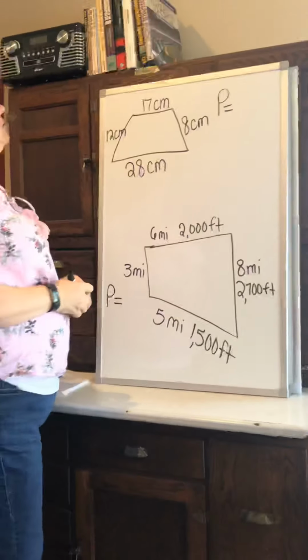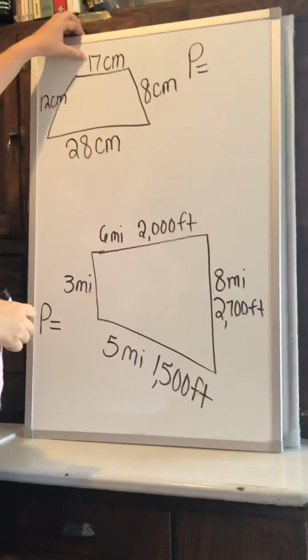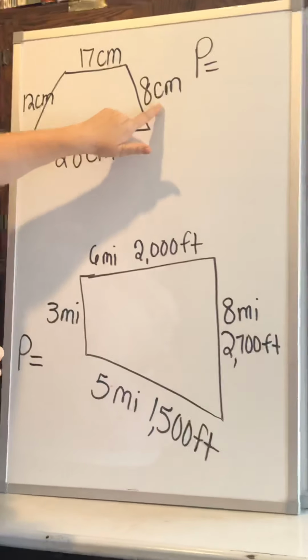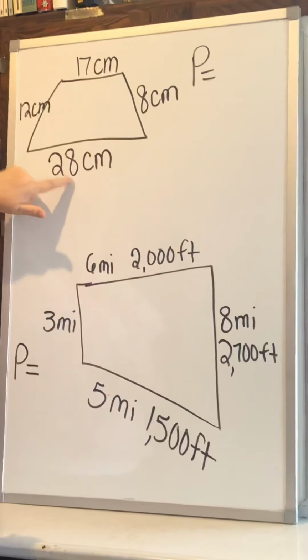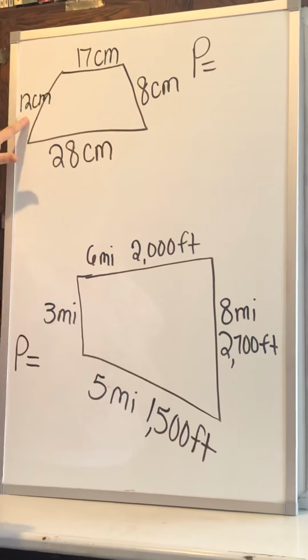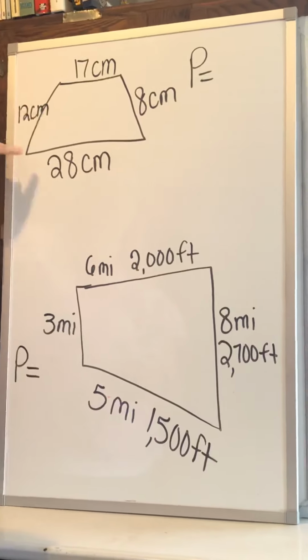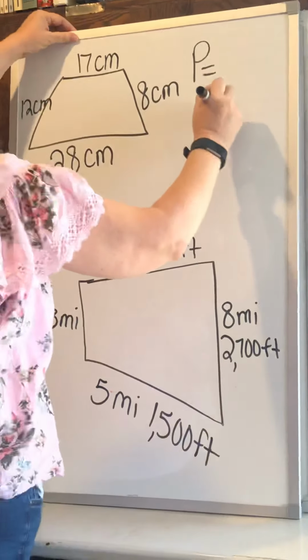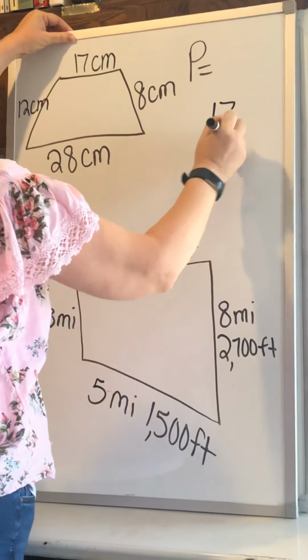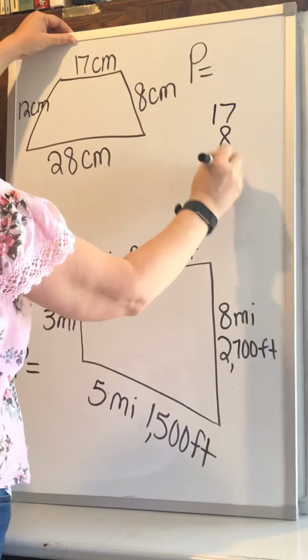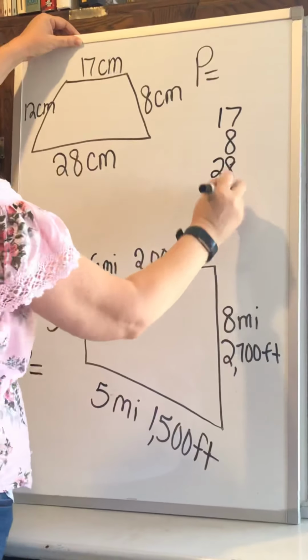All right. The next board that we have is this one right here. We have 17 centimeters, 8 centimeters on this side, 28 centimeters on this side, and 12 centimeters on this side. So we need to count up all the distance around this polygon. Let's start putting them down: 17, 8, 28, and 12.